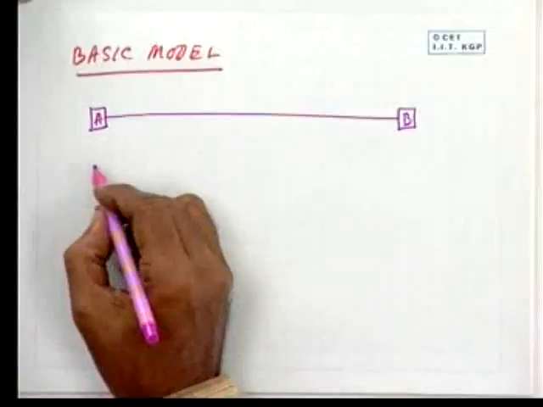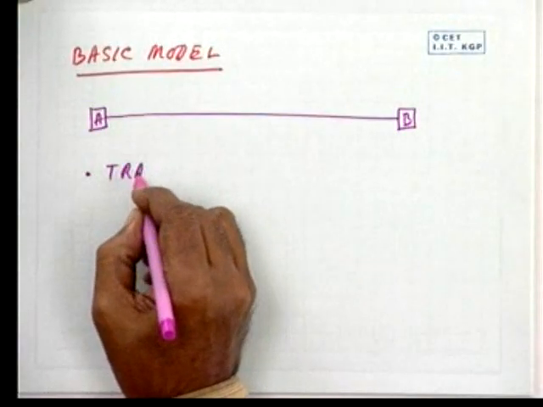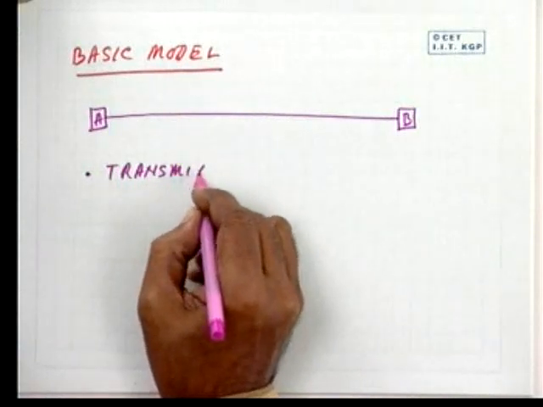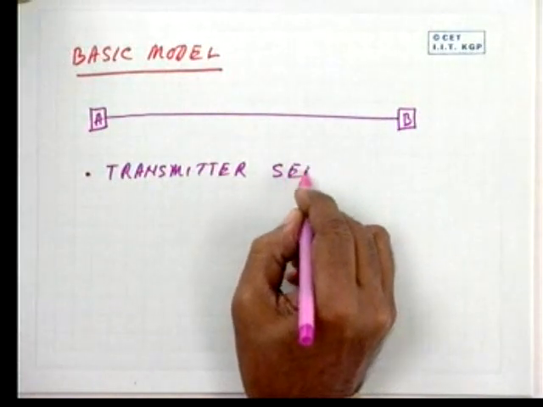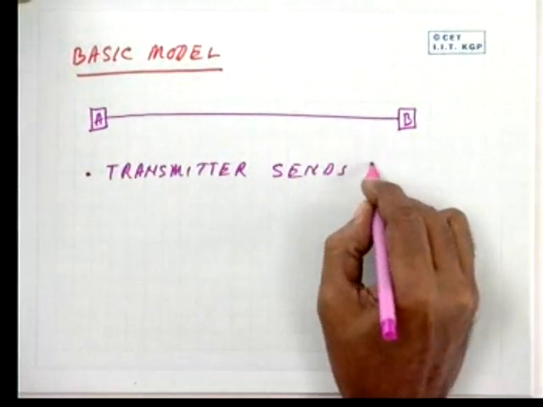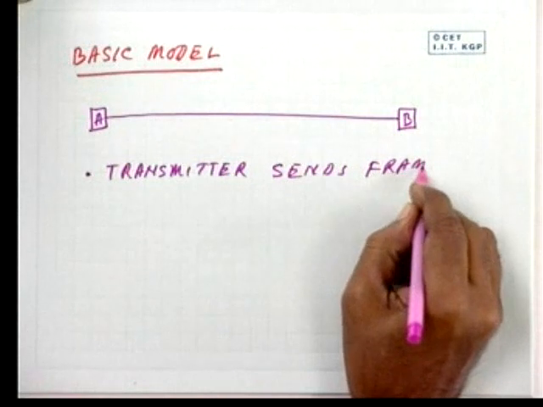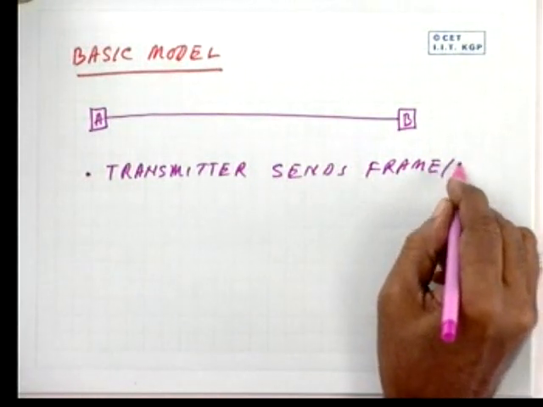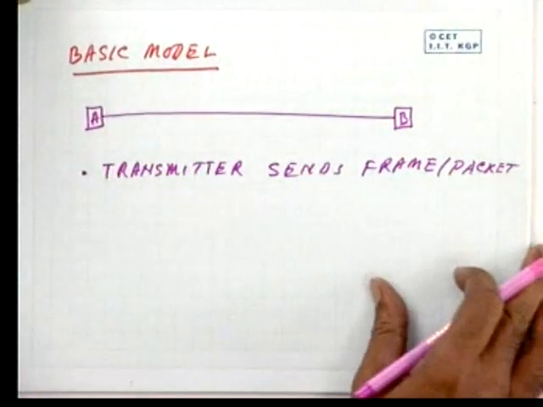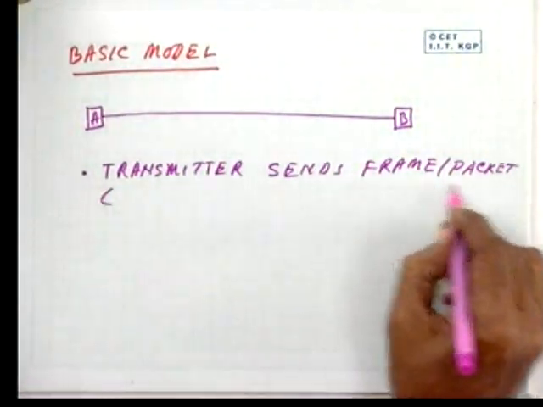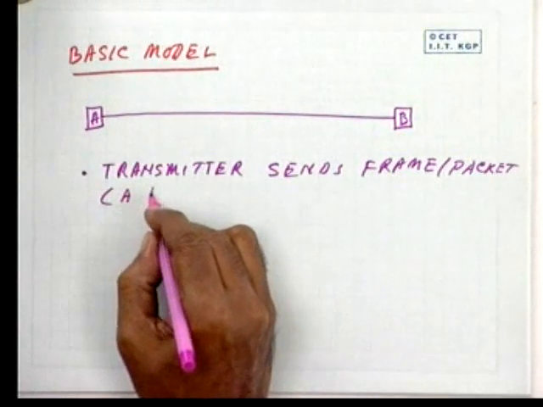So, we have a transmitter which sends data, sends a frame, or it can be a packet. By this we mean it is sending a portion of data.